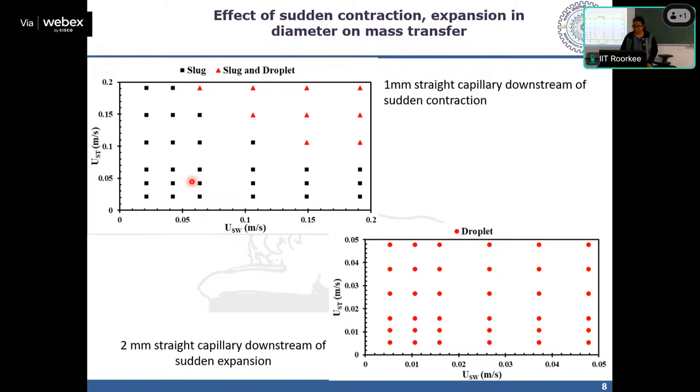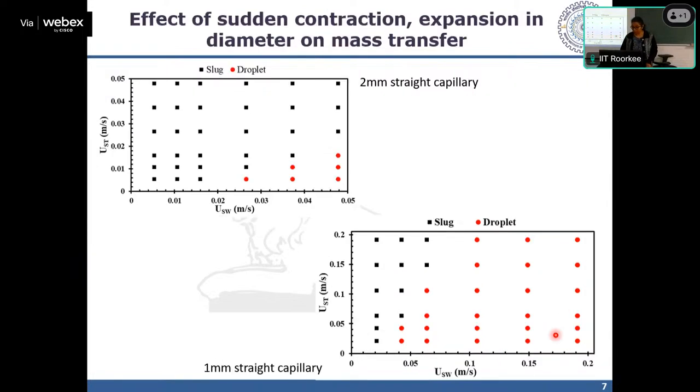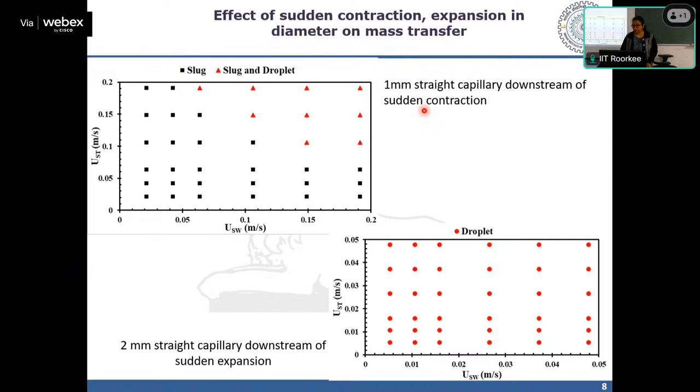Then this is also a 1 mm straight capillary, downstream of the sudden contraction. So this is 1 mm, this is also 1 mm, but this 1 mm is undisturbed, and this 1 mm is placed after a 2 mm diameter pipe. So what is the difference?